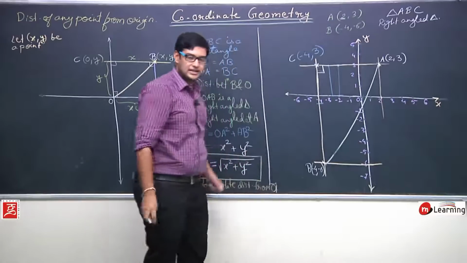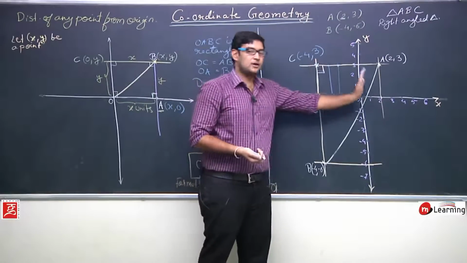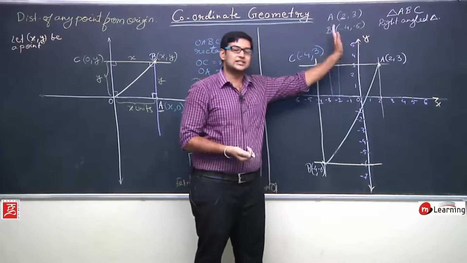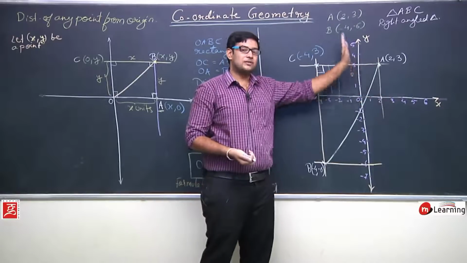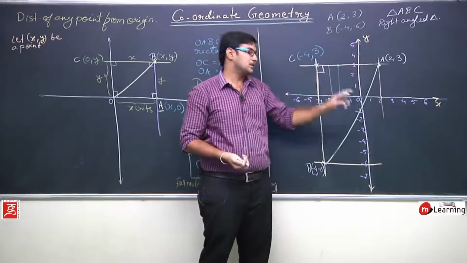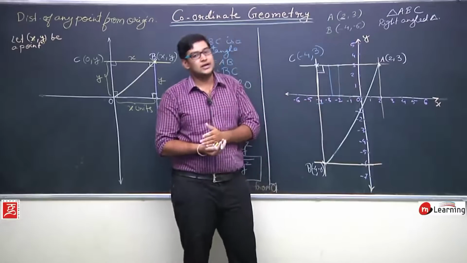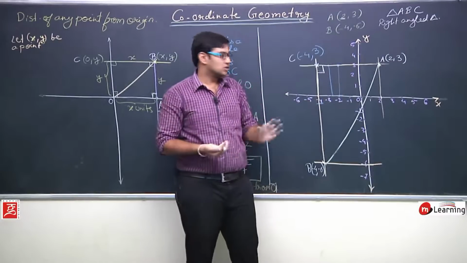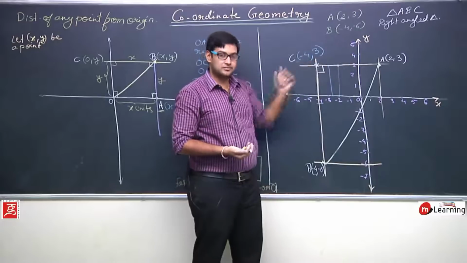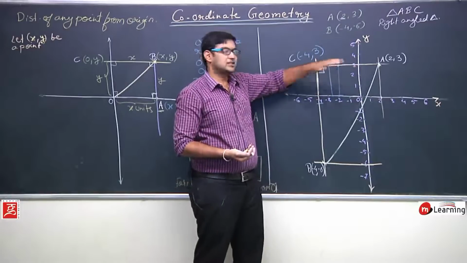It is right angled at this point C. Why is this angle 90 degrees? Because you can see that this line is parallel to the y axis and this line is parallel to the x axis. When the y and x axes meet, they form an angle of 90 degrees because they are perpendicular. So the lines parallel to them are also perpendicular. This line is perpendicular to the x axis as well as to this line.